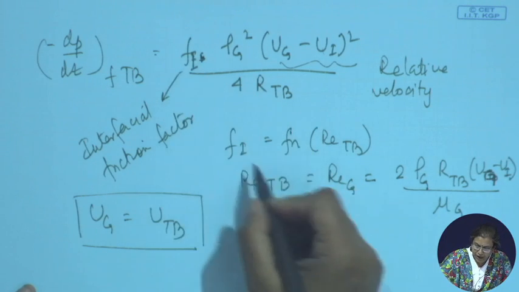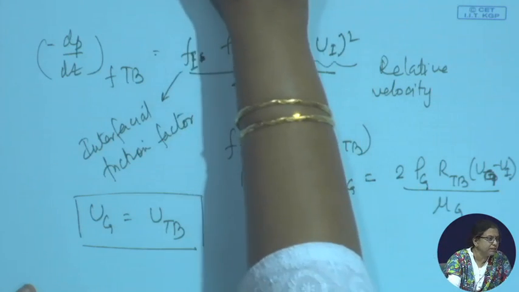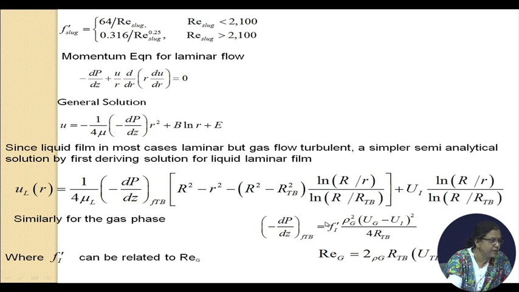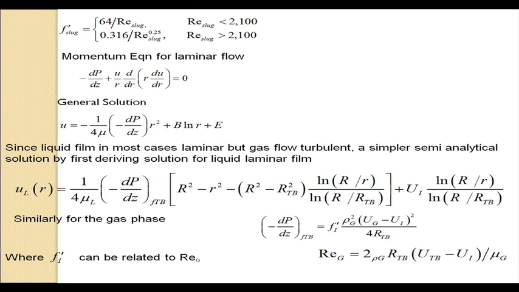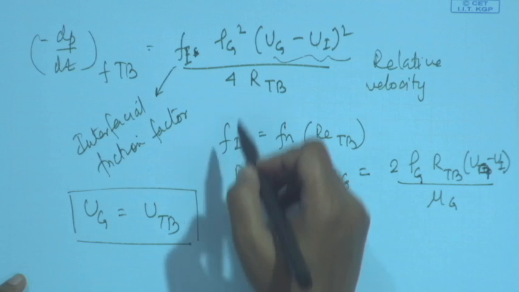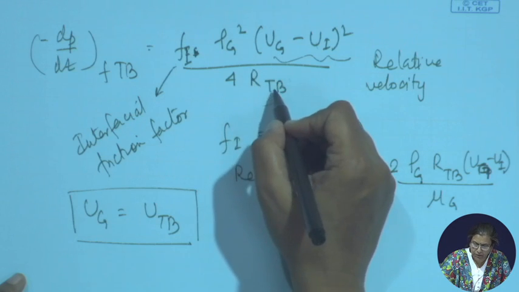Therefore, f_i can be determined as a function of Re_TB. Again the same type of equations are applicable in this case as well, and R_TB is nothing but the radius of the Taylor bubble portion.